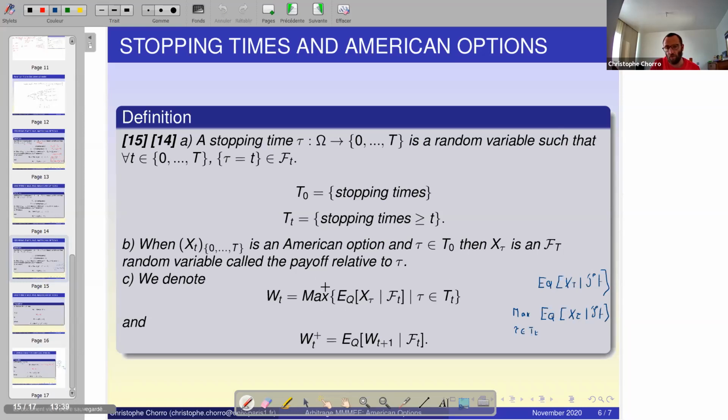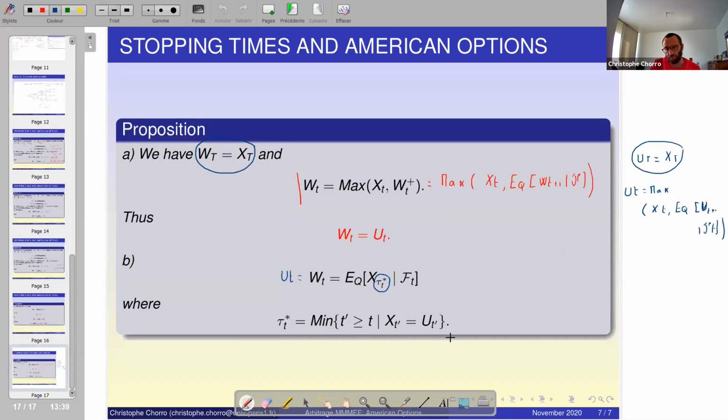There is one that allows to have the maximum here, and this one has a particular expression: the optimal stopping time greater than t in order to exercise my American option is given by the minimum of the t prime greater than t such that the intrinsic value of my American option is equal to its price.